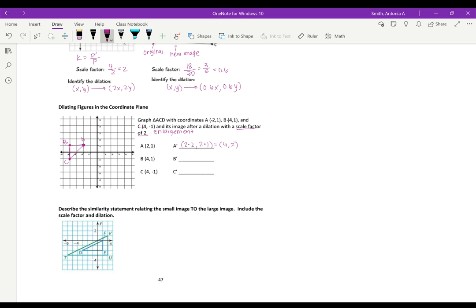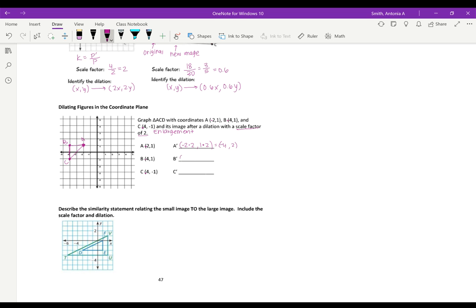My new point B is going to be, oh, and you guys, I changed the points a little bit. I'm so sorry. These are supposed to be negatives because I moved them negative so I could fit on the graph. So my new point A prime is going to be negative 2 times 2 and 1 times 2, which is negative 4, 2.